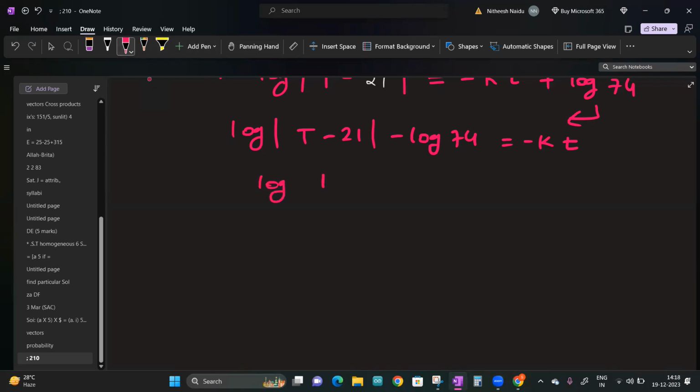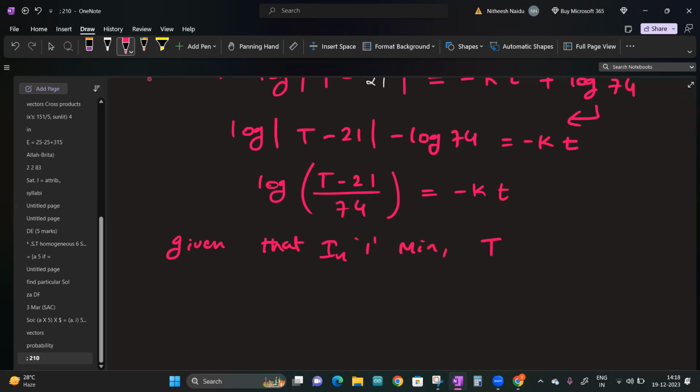So log of (T minus 21) divided by 74 is equal to minus k into t, right? Now what is the given condition? He said that in 1 minute something happened. What happens? The temperature dropped to how much? 85 or 65? 85 degrees centigrade, right.